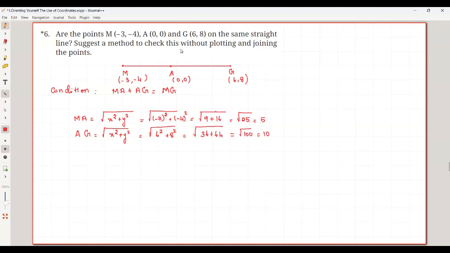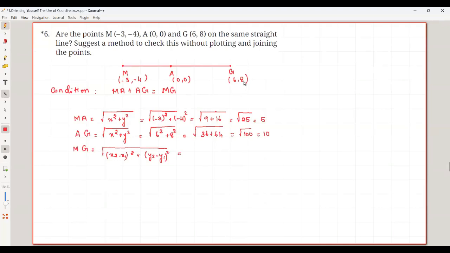Next, I have to check the distance of MG. In MG, the points are not at the origin, so we have to apply the distance formula: the square root of x2 minus x1 the whole square plus y2 minus y1 the whole square. This is x1, y1, x2, y2.